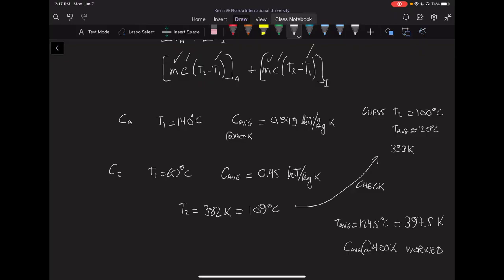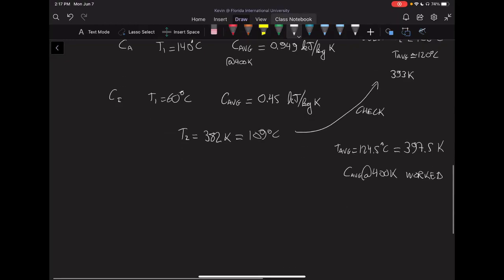Now, to the new part of the problem. How do we find the total entropy change? The second part of the problem asks us to find the total entropy change.